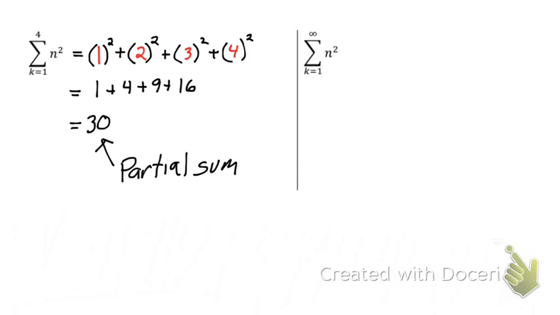So we have an infinite number of things to add. We are definitely not going to add them all up. Instead, we're just going to start at 1 like we did over there. So we have 1 squared, plus 2 squared, plus 3 squared.